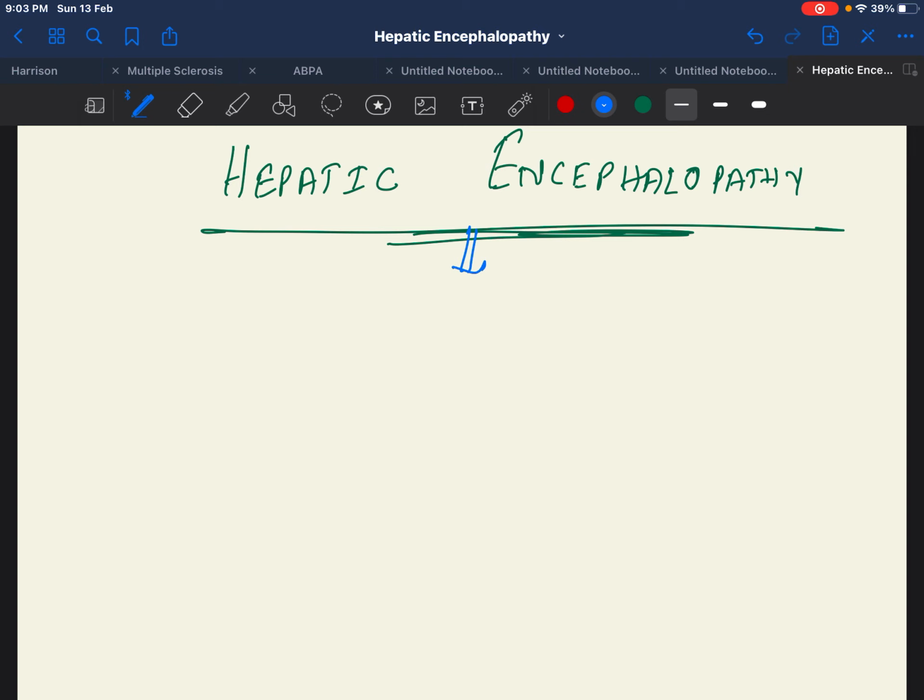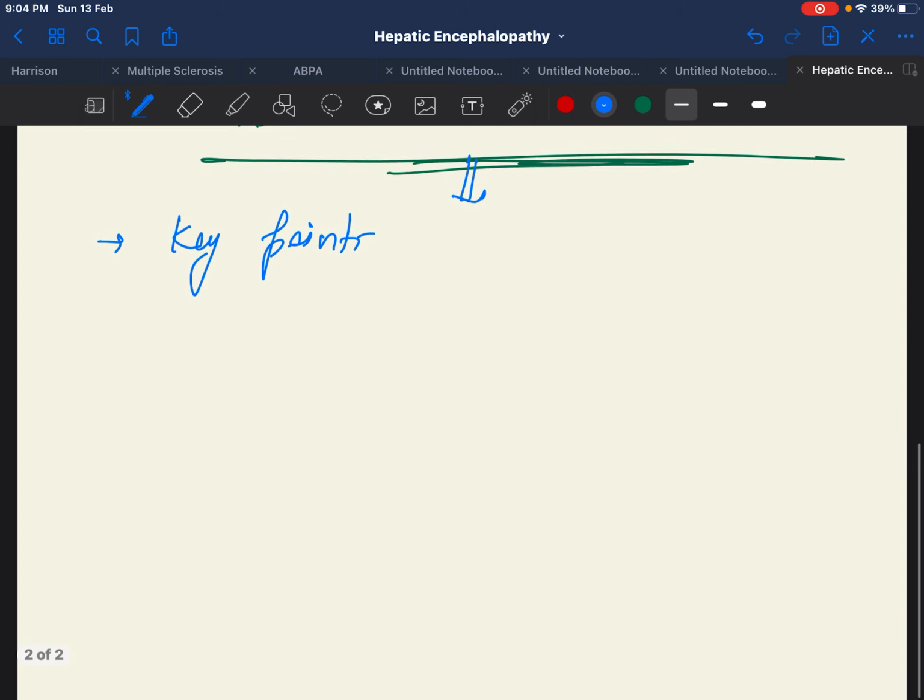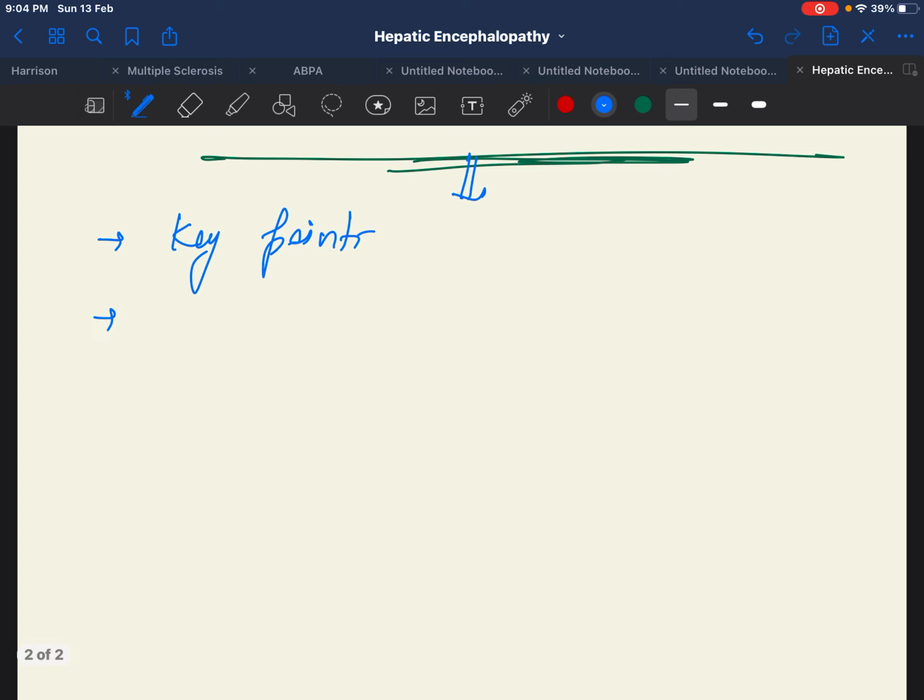Today's plan is to cover the things we should focus on in hepatic encephalopathy. One thing I will stress upon is the key points we have to keep in mind.